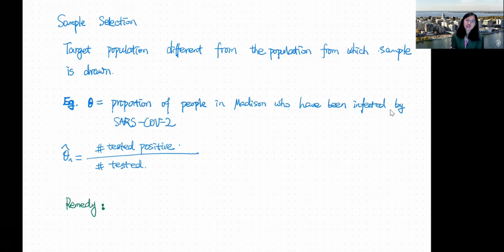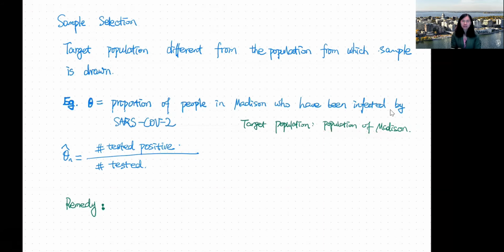So the target population, the population we want to learn about, is the whole population of Madison. So we want to know the distribution of infection in the whole population of Madison.